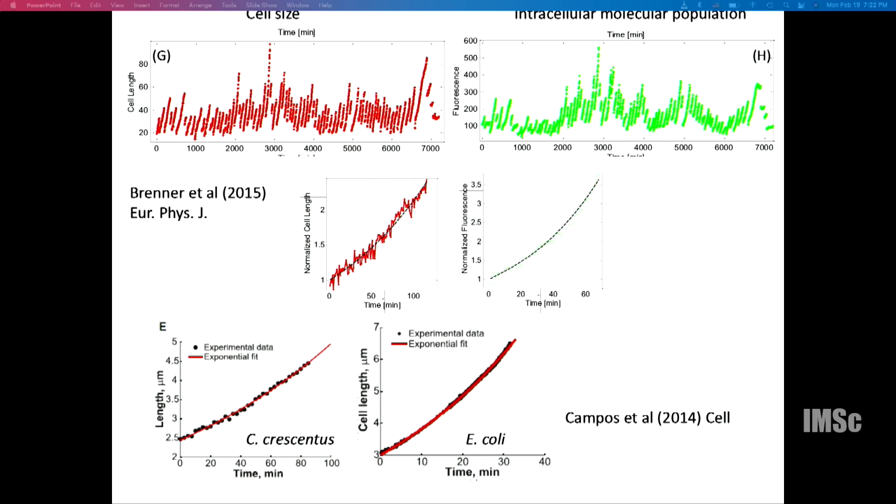Okay, its size is growing exponentially, and that is basically responsible ultimately for the concentration of different things to reach a constant. Because if the chemical populations are growing in proportion to the size, then the concentrations will become constant, and that is the steady state of a cell in a bacterial culture.